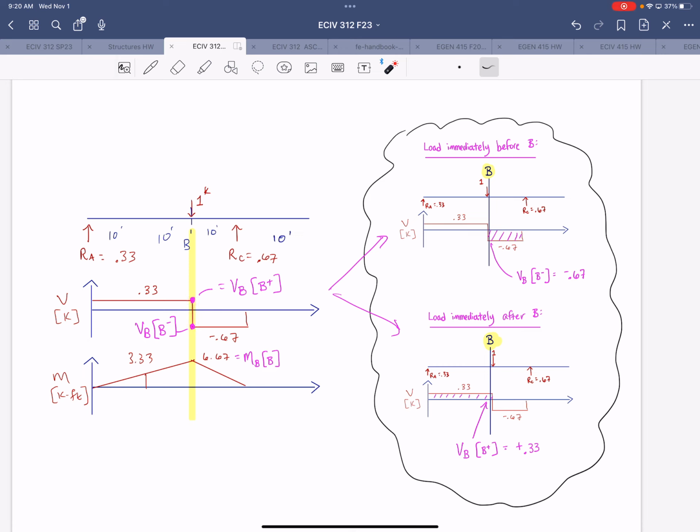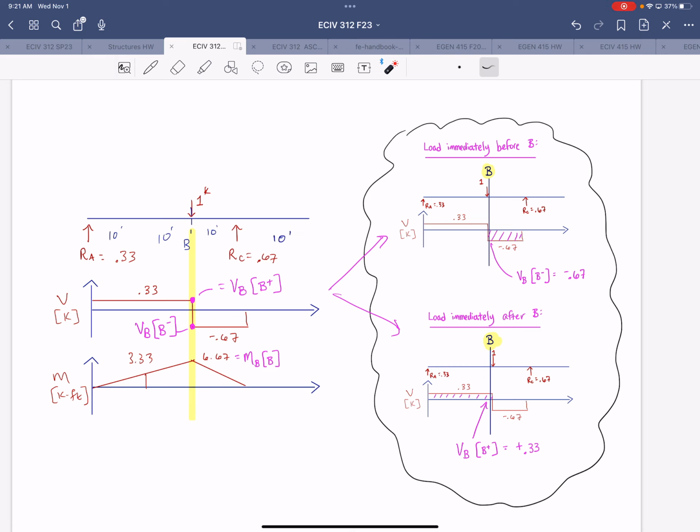So if we think about when the unit load is immediately before B, that's going to be where the shear at B is negative 0.67. And that's why this is a little bit counterintuitive, because I just said up until you get to that unit load, the shear is 0.33, right? But now we're taking the reverse perspective.